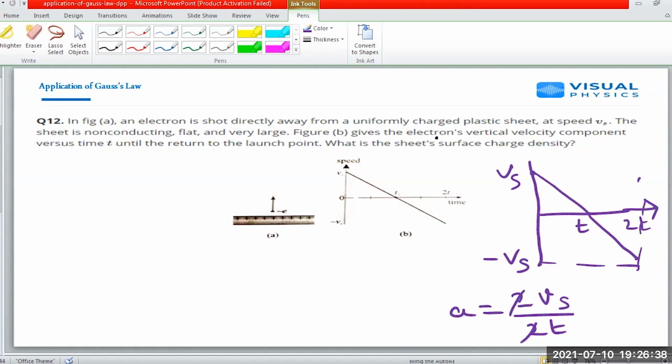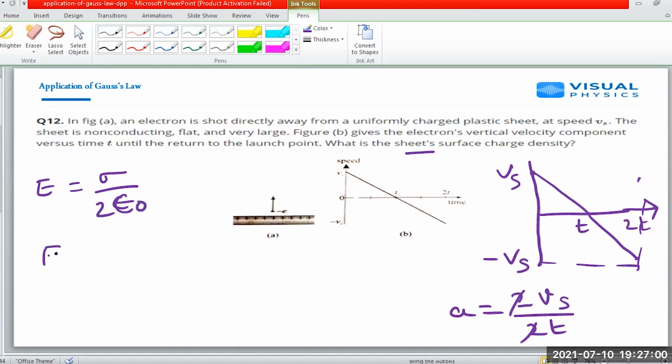Yes. I have to find the surface charge density of the sheet, given the electric field. Due to the sheet, the electric field is E equal to sigma by 2 epsilon naught. Actually, there is no question of Gauss law here, it's a simple question.